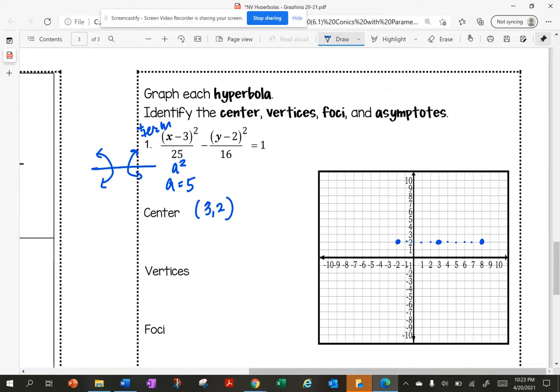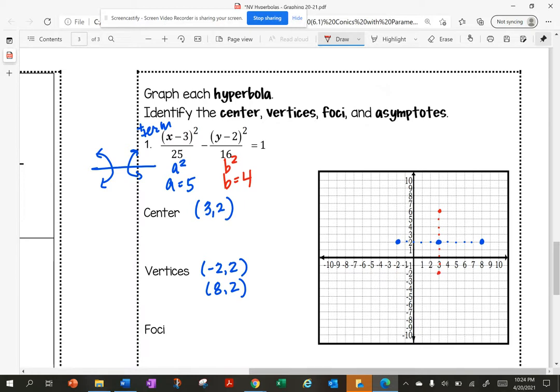So my vertices are at -2, 2 and at 8, 2. Okay. So I know b squared is 16, so I know b is 4. So from the center here, I am going to go up 4. 1, 2, 3, 4. And 1, 2, 3, 4.